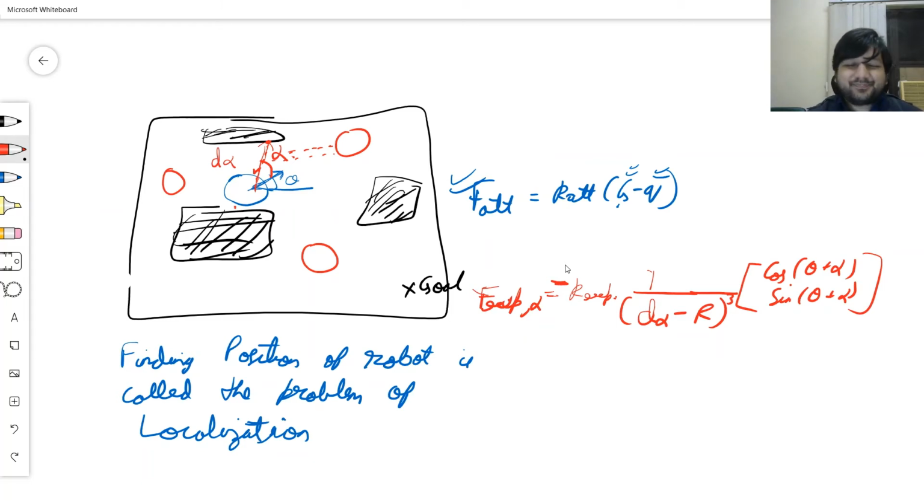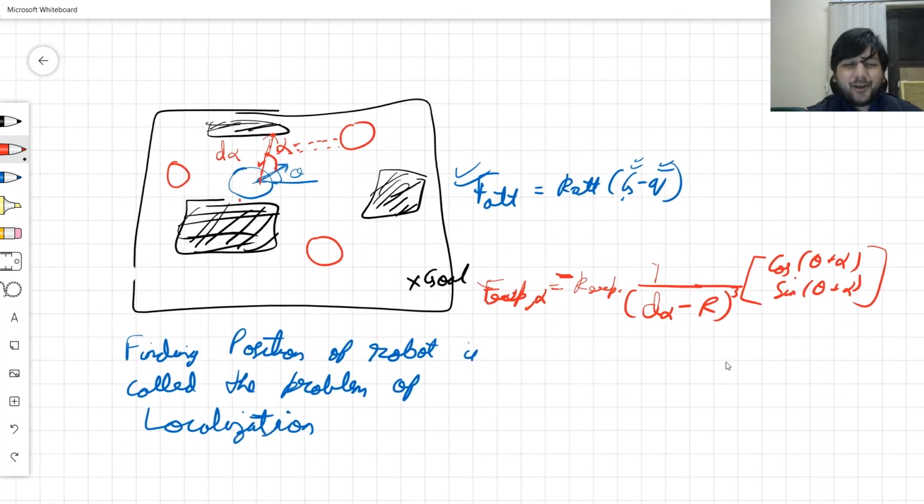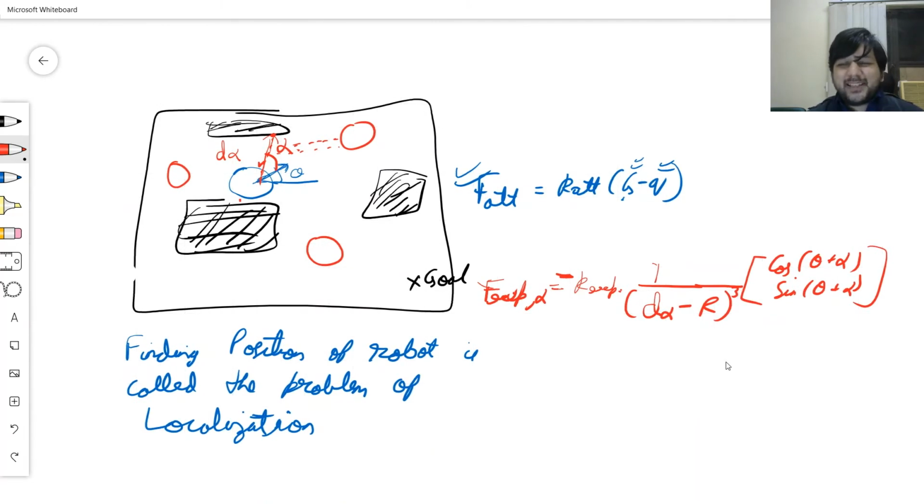Now, so far so good. Now the problem is sometimes people ask me, I don't have so much money to buy a LiDAR. It's a very expensive sensor. What do I do? So, an answer to them as well. You buy a ring of sonar sensors.